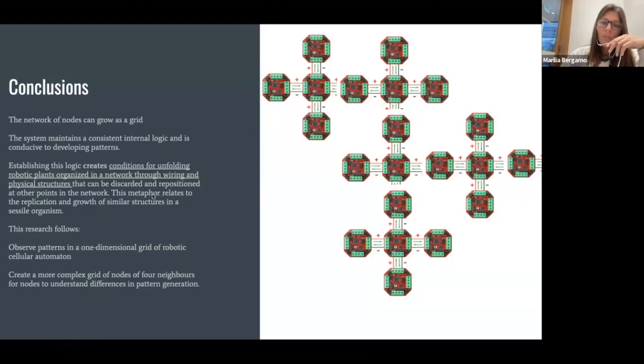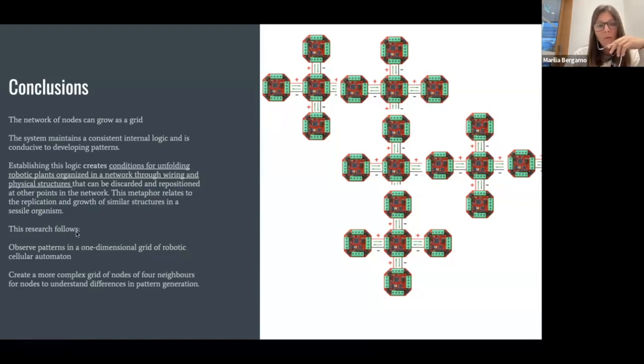Working with previous research, I tried using Wi-Fi, and it was very unstable and didn't work properly for the idea of plants. So creating this physical connection was very important for the stability of the decision-making.